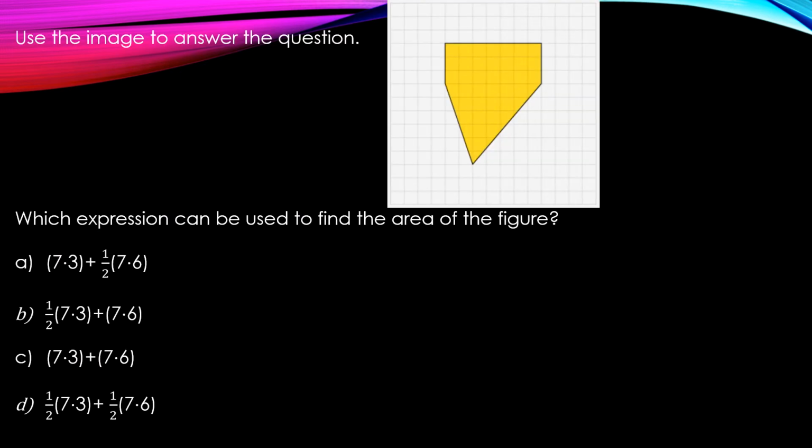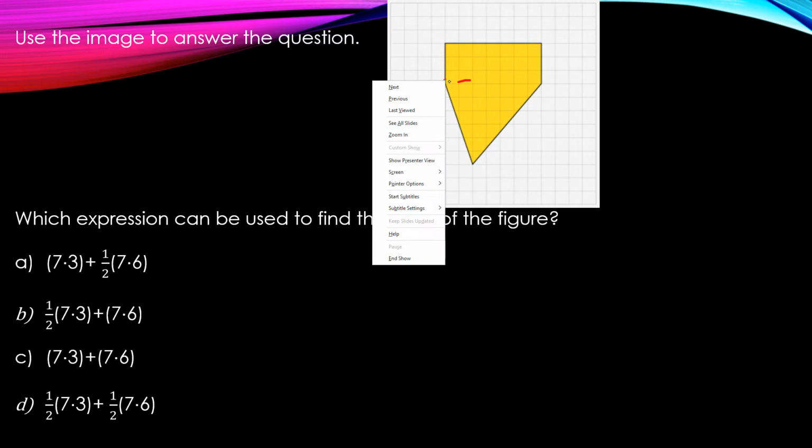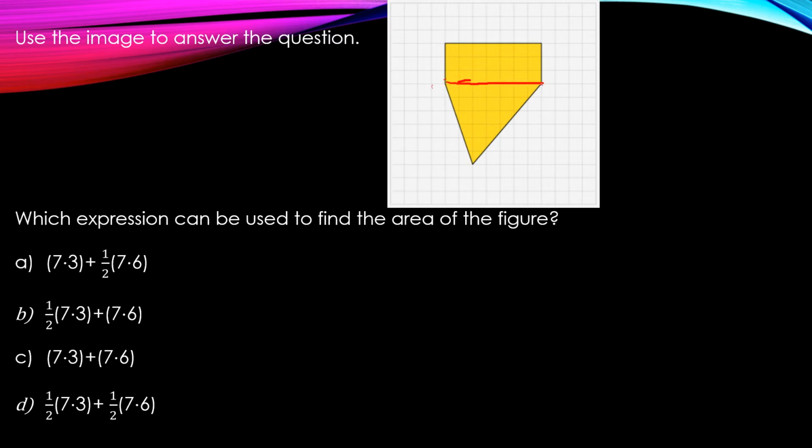Here we have a figure and we want to know which expression can be used to find the area of it. Okay, so this is a composite figure, meaning that we have a triangle and we have a rectangle in one image. So we need to cut it right here because if I cut it along this line, I then have my rectangle on top and my triangle on bottom.